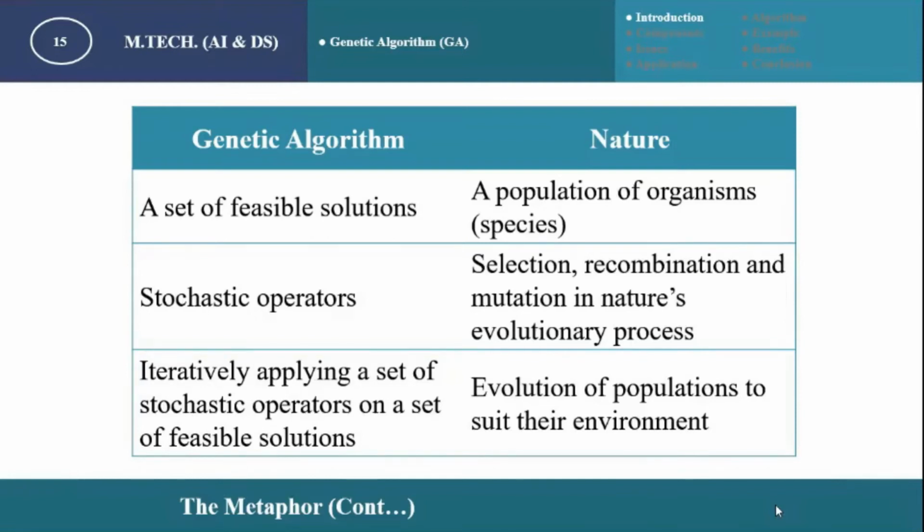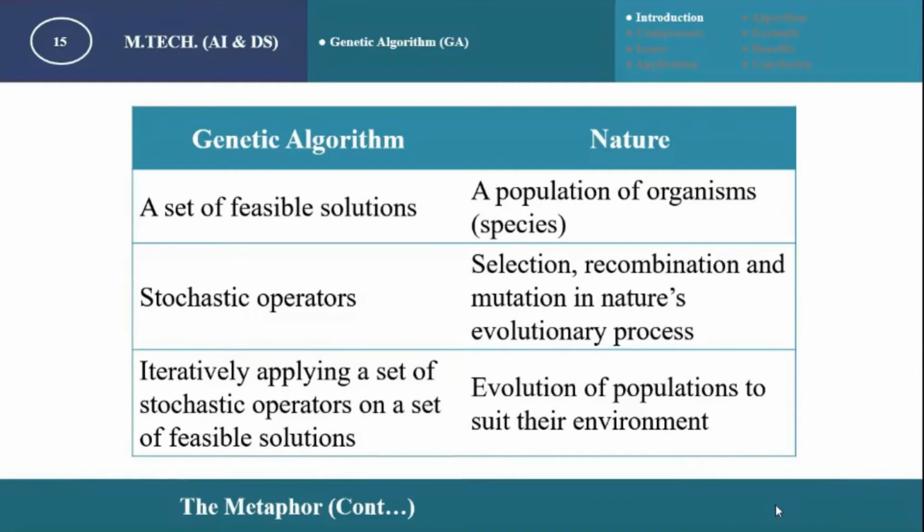In genetic algorithm, we are iteratively applying a set of stochastic operators on a set of feasible solutions, that is, a population. This is similar to the evolution of populations to suit their environment. You might have seen that some birds have long beaks to fit their eating habits.